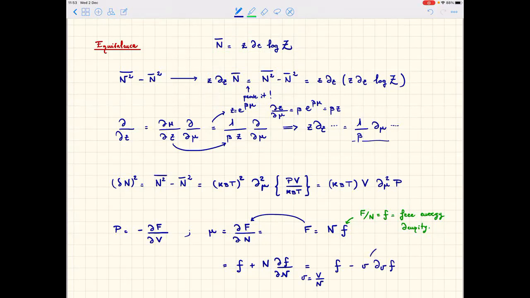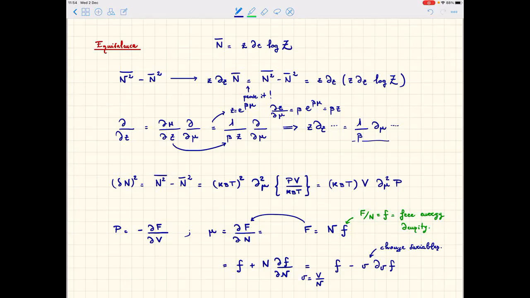In order to obtain this, you have to just change variables. All right, so this is the expression for my chemical potential.